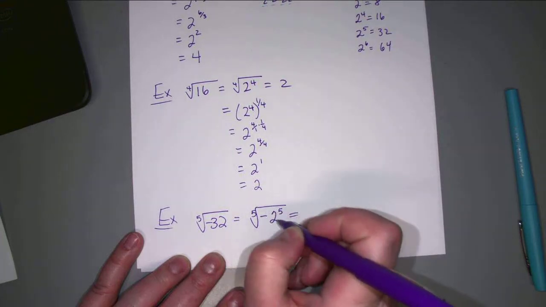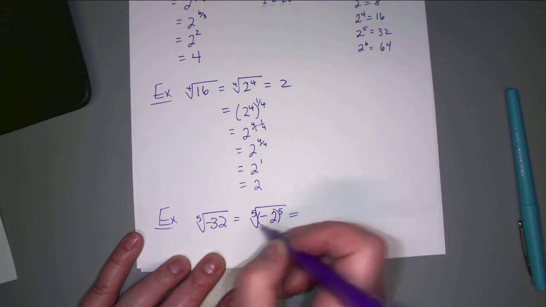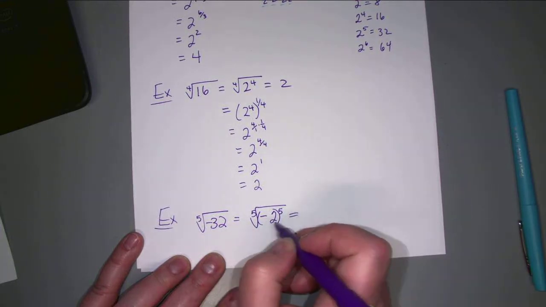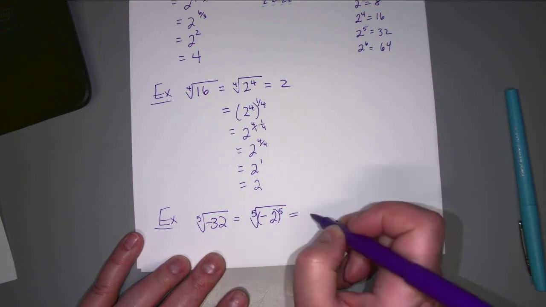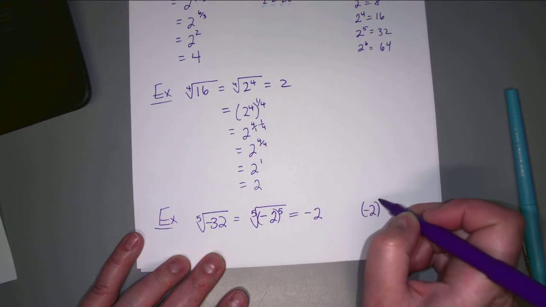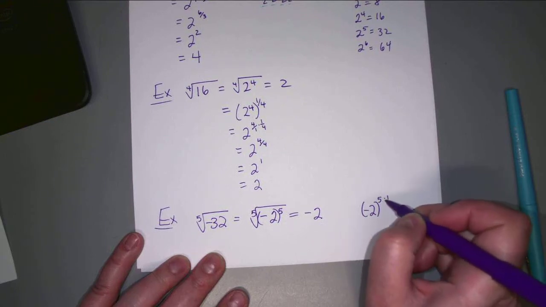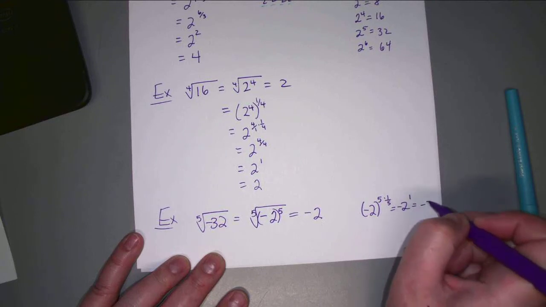So this is negative 2 to the 5th, or negative 2 all to the 5th power, because a negative to an odd power is a negative. So the 5th power and the root would cancel, and we would just get negative 2. Remember, that's the same as the 5th power times 1 over 5, which is negative 2 to the 1, which is negative 2.